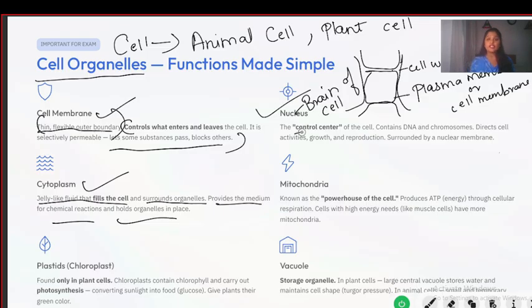It is the control center of the cell. The cell is controlled by the nucleus, which controls the entire cell. It contains DNA and chromosomes, directs cell activities, growth and reproduction, and is surrounded by a nuclear membrane. Now, what is the full form of DNA? Comment it down.